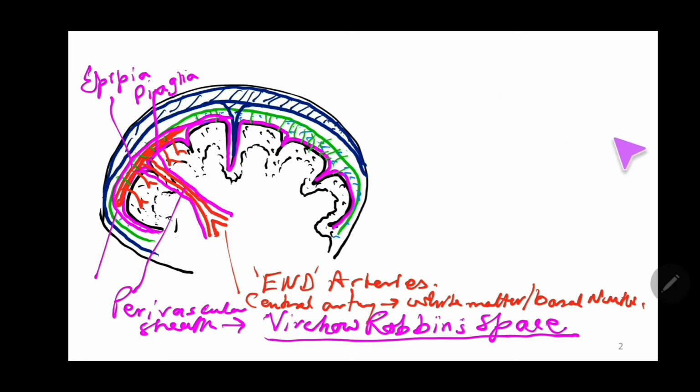In case of any blockage, thrombosis, or rupture of this vessel with hemorrhage, the area perfused by the central artery undergoes initially reversible and later irreversible changes.